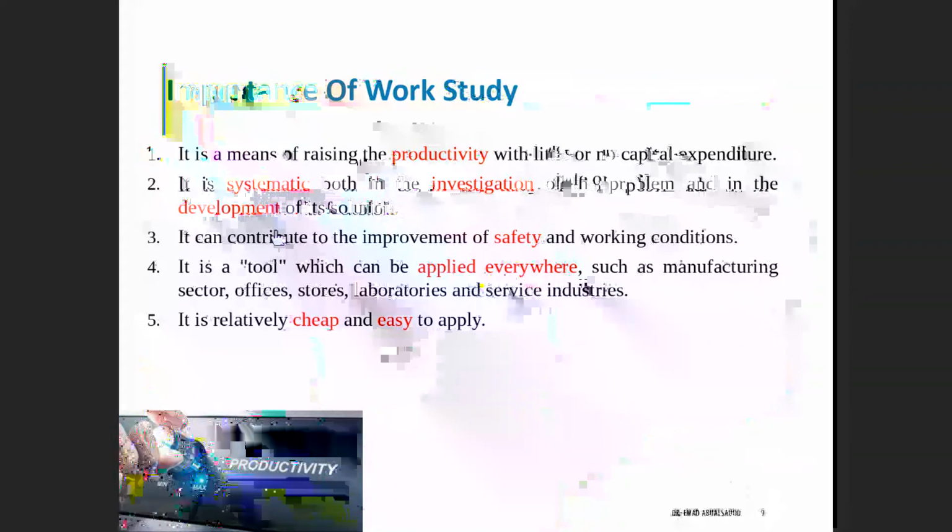So one of the things about the work study, in analyzing the problem or solving the problem, is that it follows a systematic approach. It can contribute to the improvement of safety and working conditions. So also the safety will be improved.